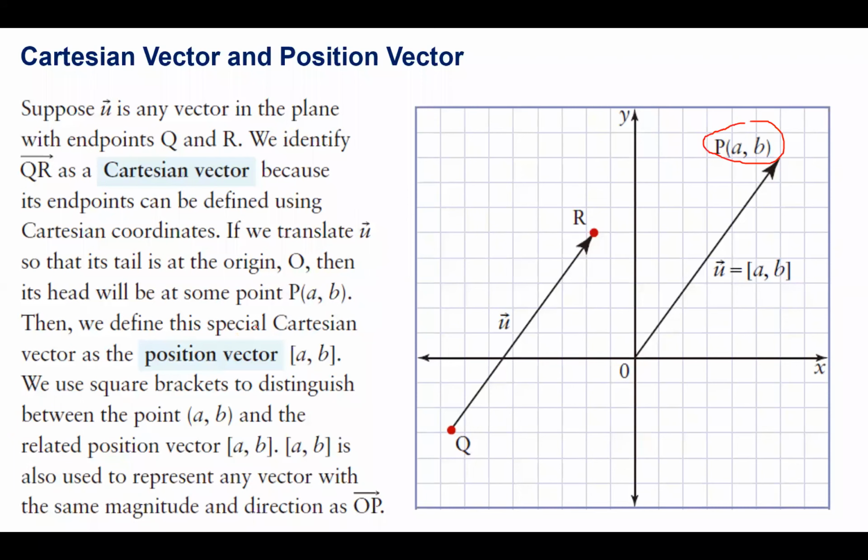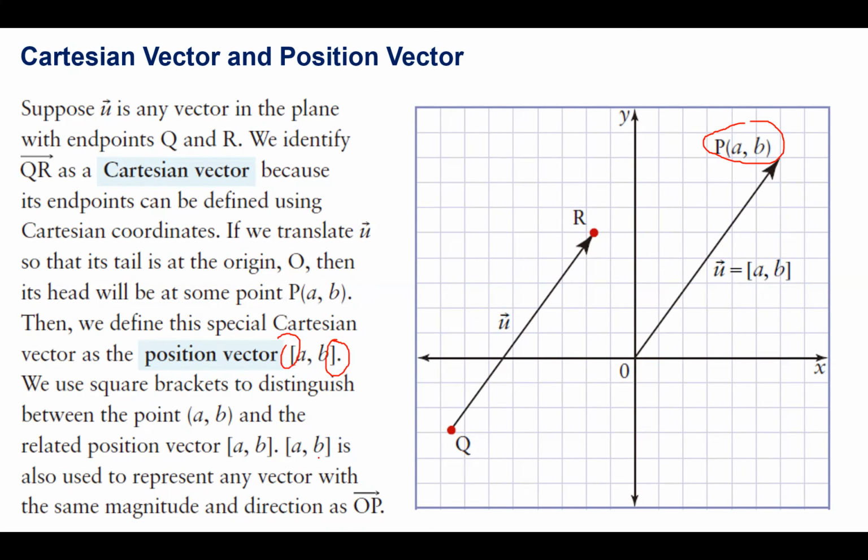Then we define this special Cartesian vector as the position vector, [A, B]. So be careful with the symbol here. We use square brackets to distinguish between the point (A, B) and the related position vector [A, B].